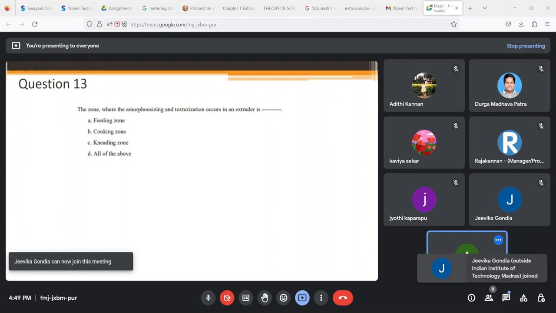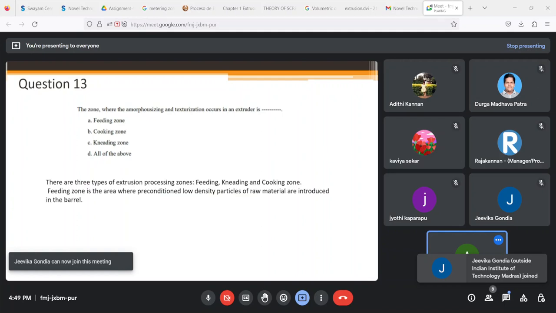So any clue which area does the amorphizing and the texturization takes place? Yeah, the answer is cooking zone.